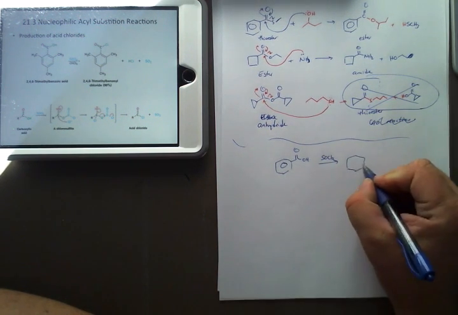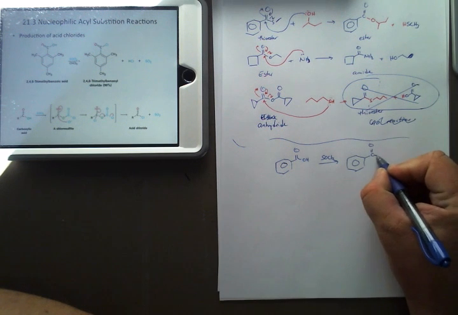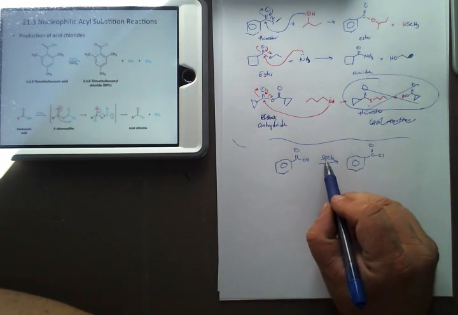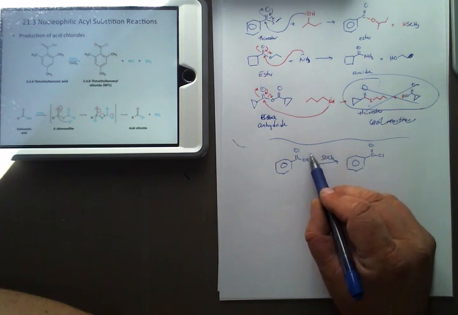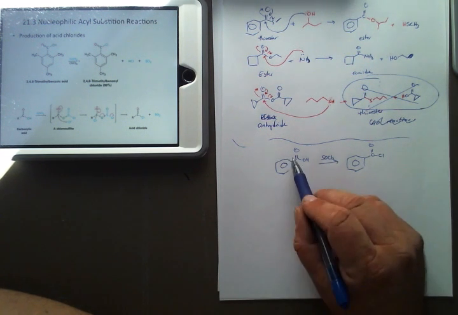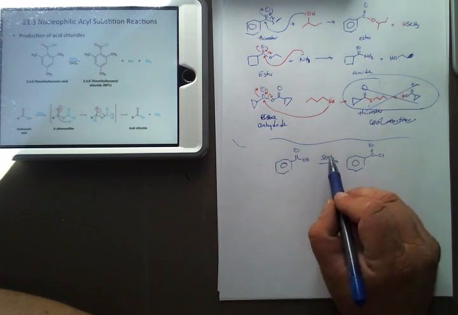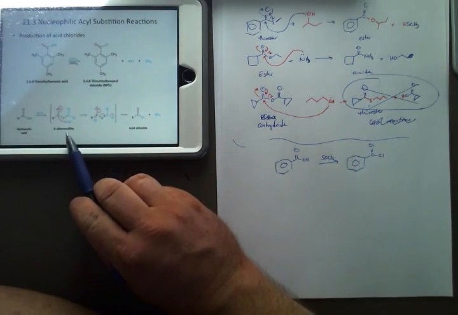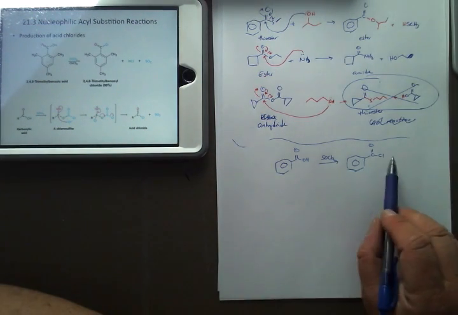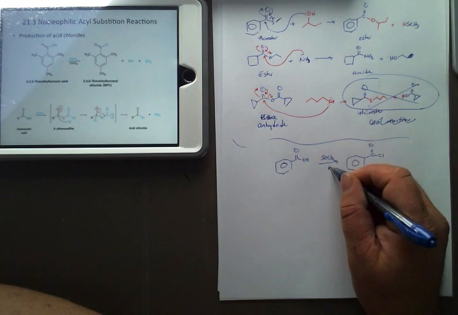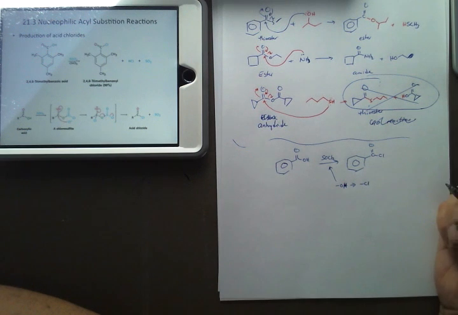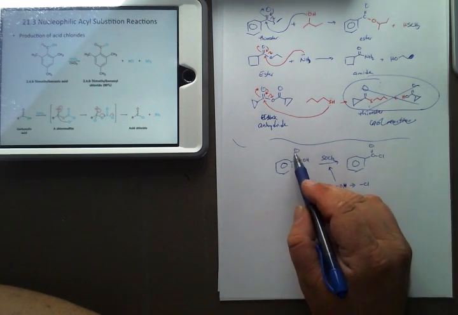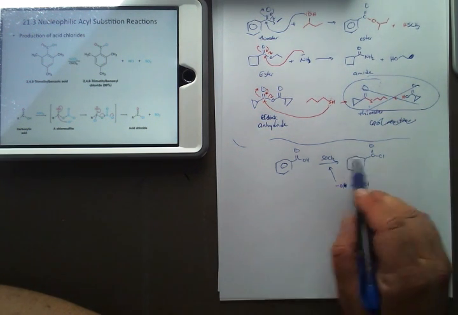Now you don't need to know the mechanism, but this ends up attacking here, up, down, kicking off a chlorine. That group becomes so reactive that the chlorine itself can come in and reattack, up, down, and kick away the chlorosulfate, to make the acid chloride. Its sole purpose in life is to change an OH into a Cl. It doesn't matter that it's attached to an acyl group. All right, OH to Cl.